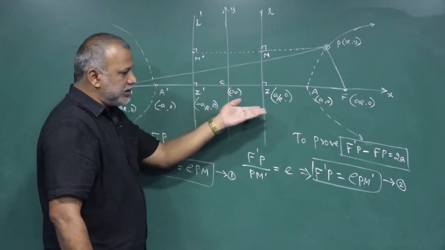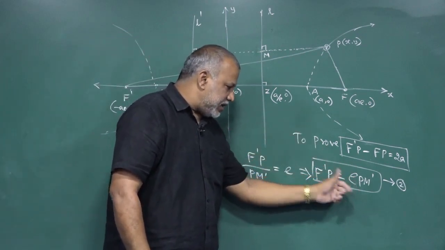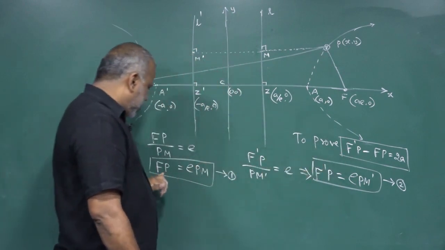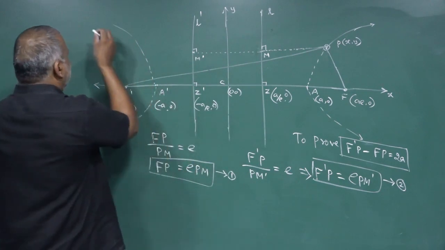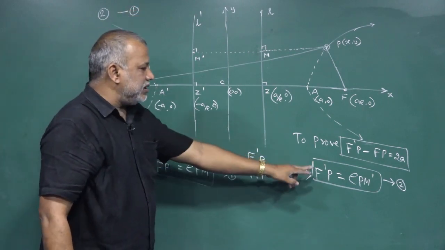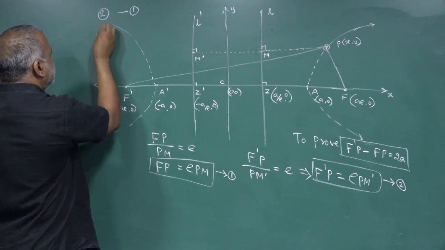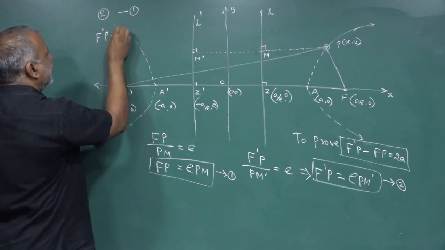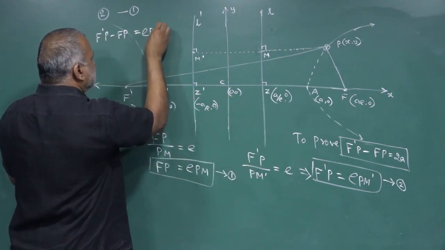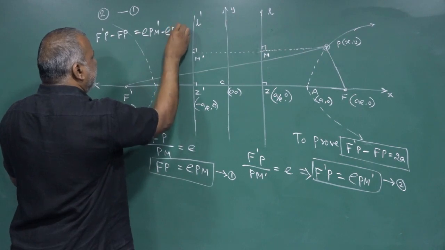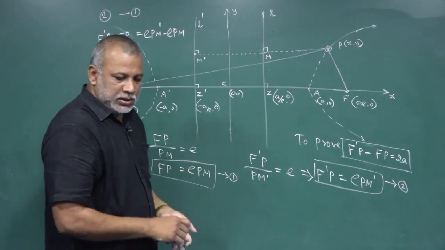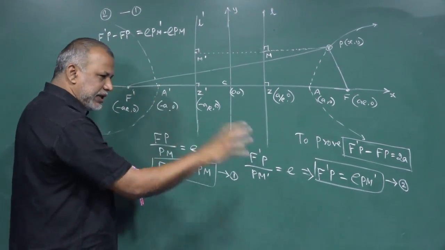Now, as per the proof, we are going to work out the second equation minus the first equation. So F dash P minus FP equal to, in your RHS, E times PM dash minus E times PM. Once again, take down the concept clearly.